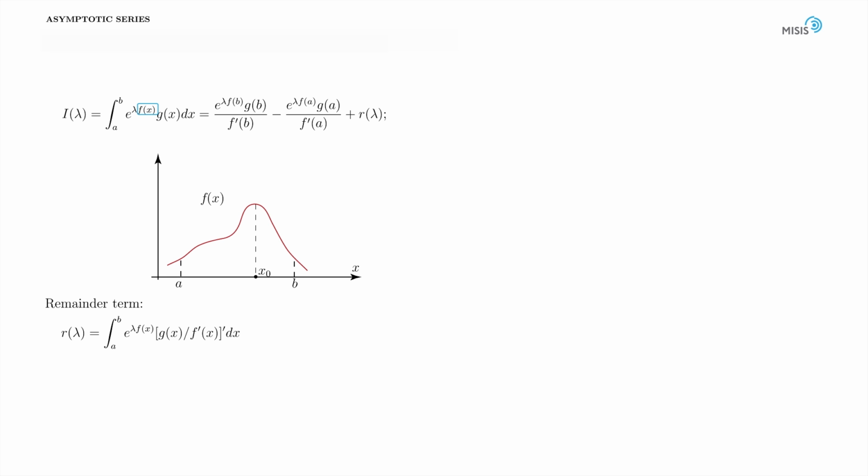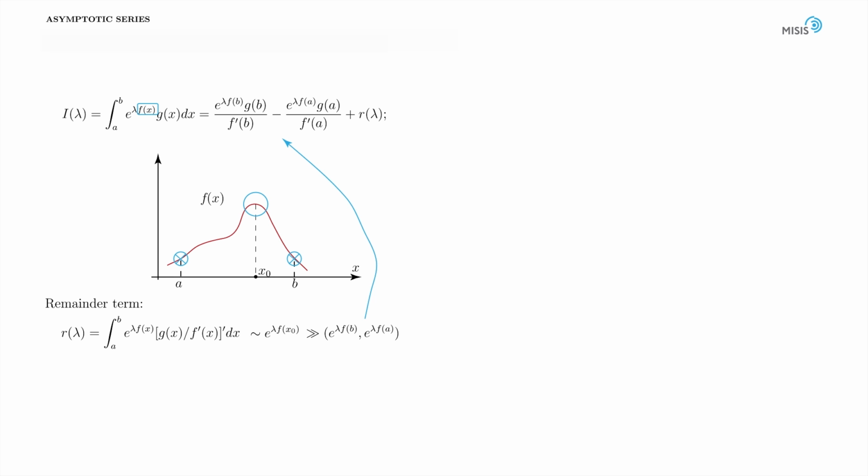At the moment, let's just notice that the exponential term is dominated by its value at x naught, and not at the endpoints of the integration segment as before, when we dealt with monotonous function. Inevitably, the remainder term r is going to be proportional to e to lambda of f of x naught, which is exponentially larger than the contribution coming from the endpoints in the integration by parts technique.